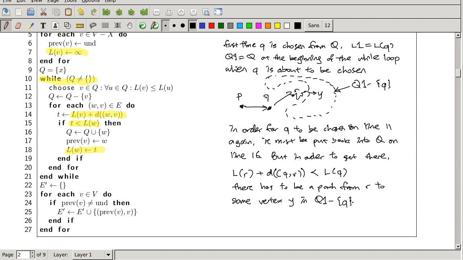Otherwise, this whole thing cannot be triggered. There's no way that R would be considered, which triggers the edge QR to be considered also. So there has to be a path from vertex R to one of the vertices in Q1 minus q itself.